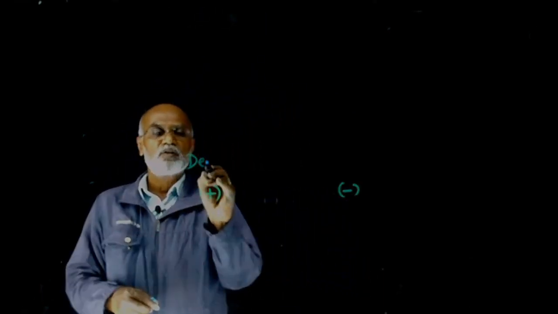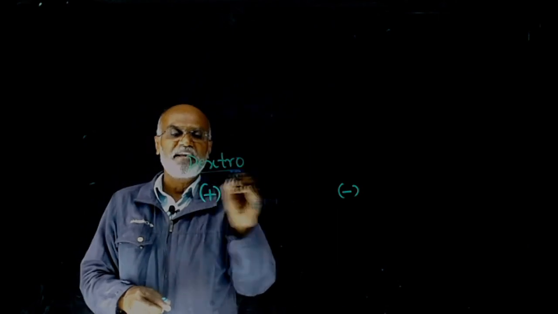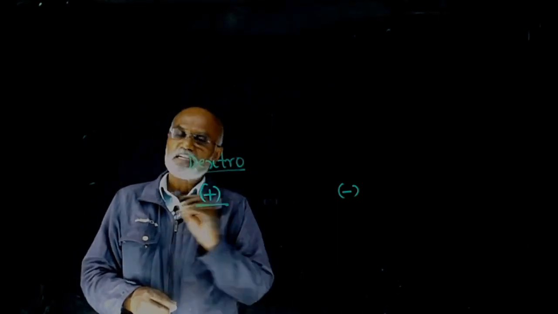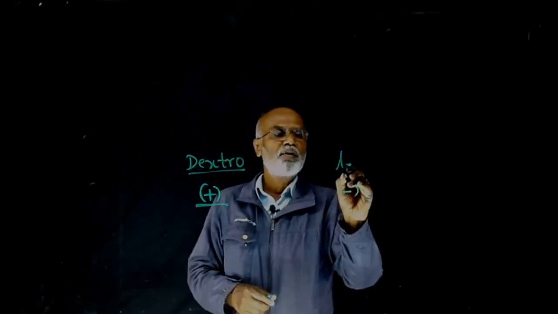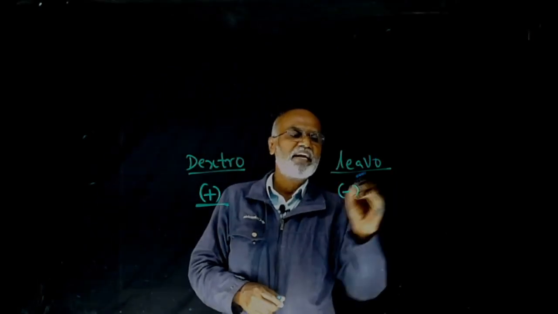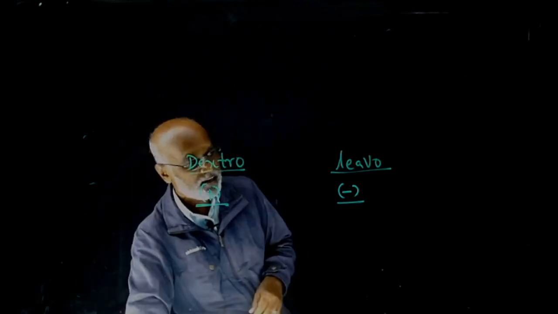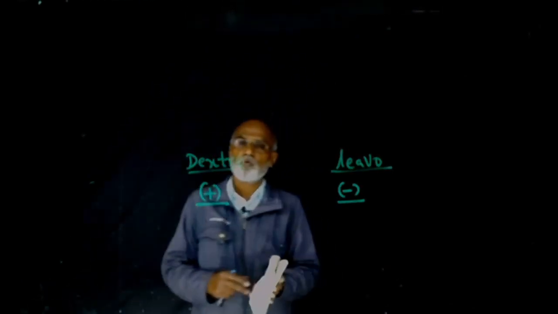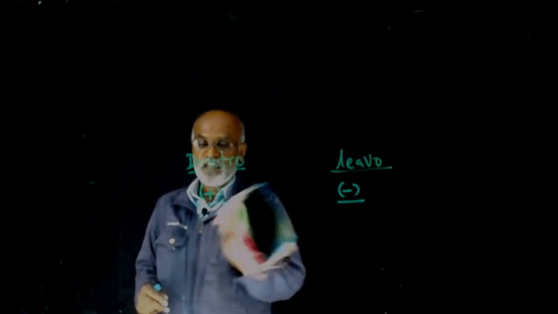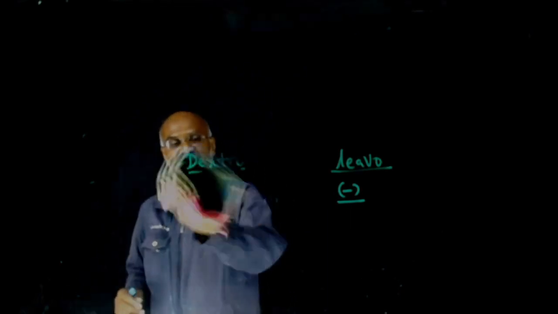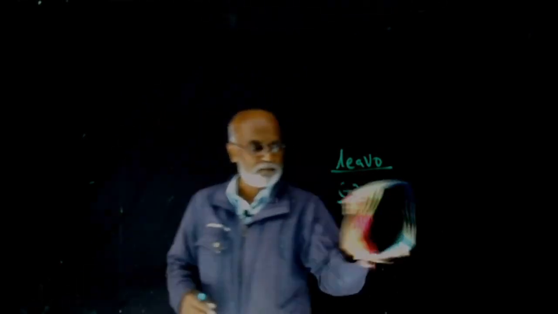So dextro is generally indicated by plus, and levo is generally indicated by minus. Dextro and levo are both optically active, but they rotate the plane polarized light in opposite directions.